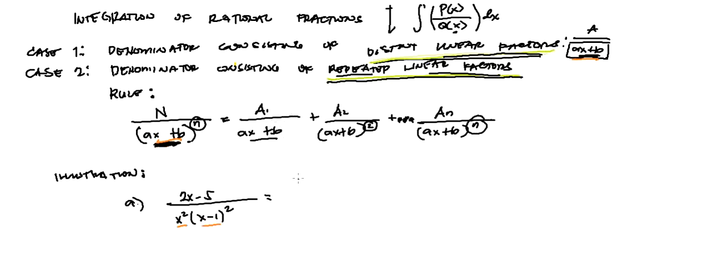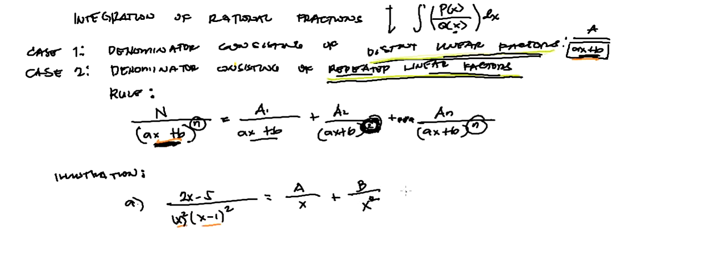We have A, all over the first linear factor, x, plus another constant B, all over x raised to 2, and our n is equal to 2. That's why we end here.